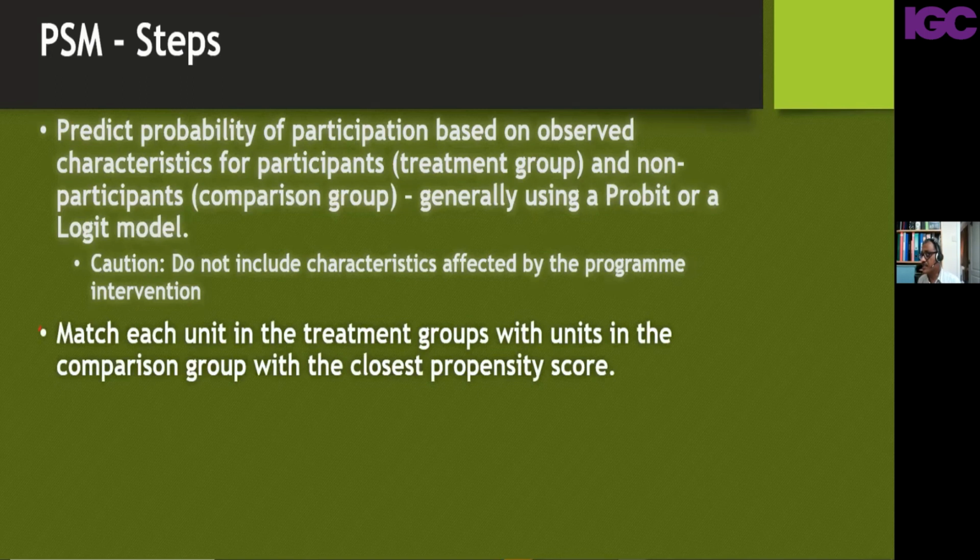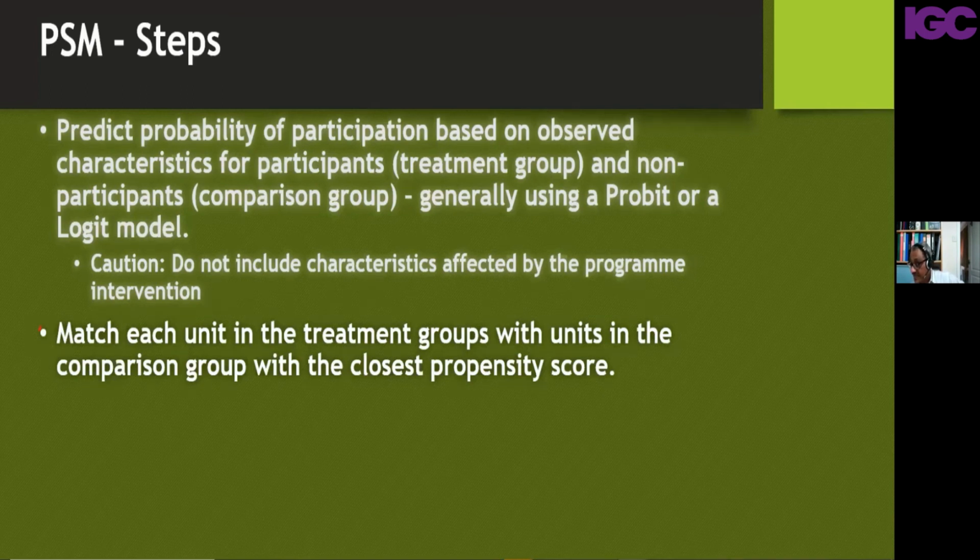Match each unit in the treatment group with units in the comparison group with the closest propensity score. So in a logit or a probit model, what you get is the predicted probability of participation. Is it 0 or is it 1?